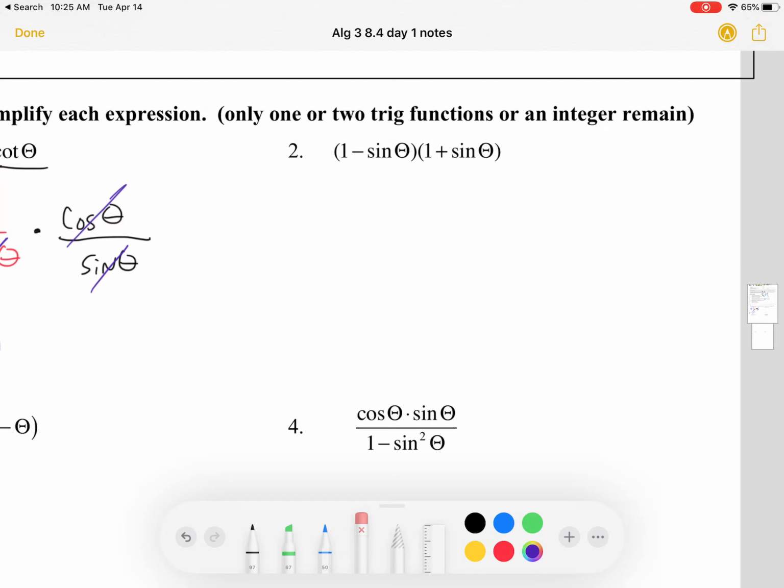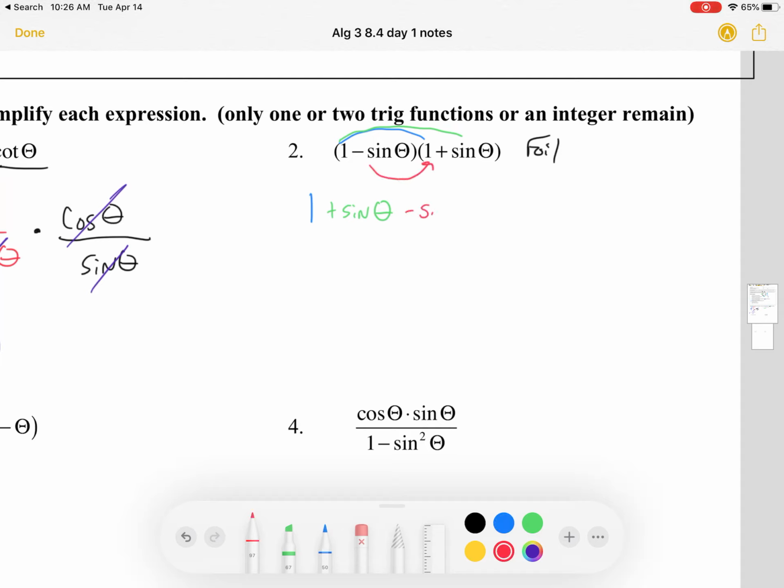Well, since we have two binomials here, two parentheses with two terms each, what I need to do is FOIL. There's no add or subtract sign, which means multiply. So let's FOIL this out. We just treat them like numbers. So what's 1 times 1? 1. 1 times sine of theta is plus sine theta.